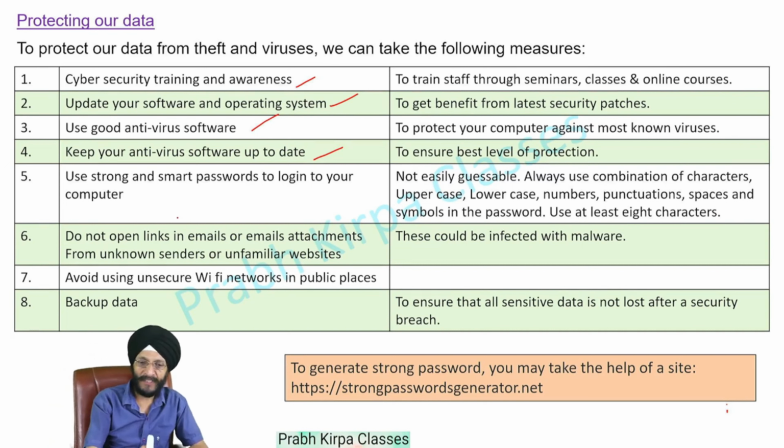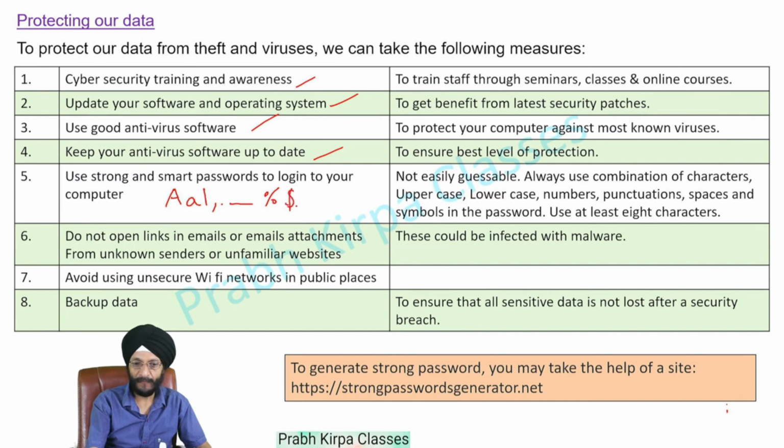We should always make use of a combination of characters. That is, we may use uppercase, this is the lowercase, these are numbers, these are punctuations, we can use space, we can use symbols like that.